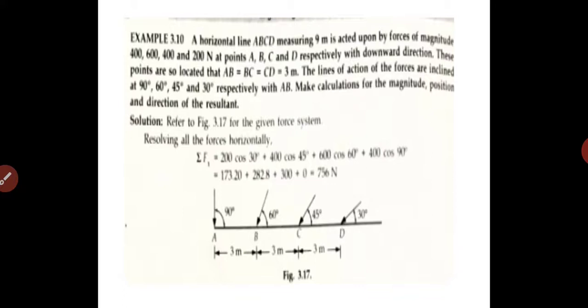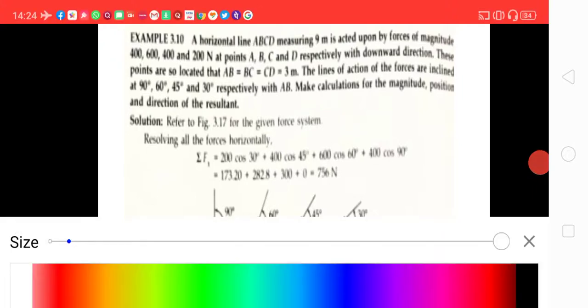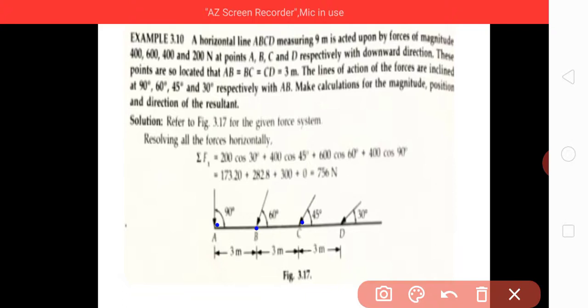Here in this problem there is a horizontal line ABCD measuring 9 meters, acted upon by forces of magnitude 400 Newton, 600 Newton, 400 Newton and 200 Newton at points A, B, C and D respectively, in the downward direction.